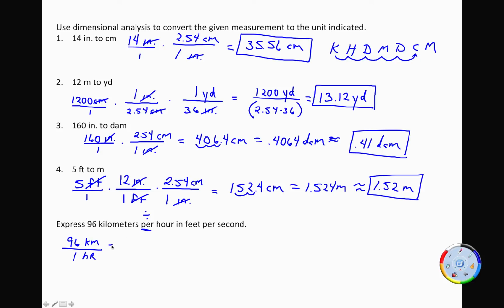So this is the same thing as moving that decimal 5 times or adding 5 zeros. Centimeters per hour. 96 kilometers or 9,600,000 centimeters.